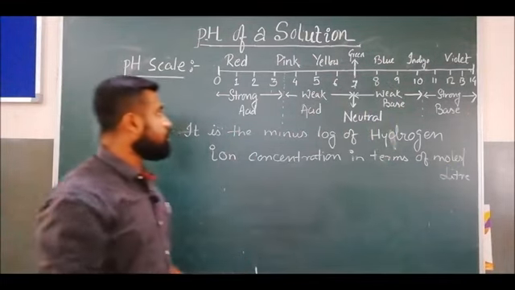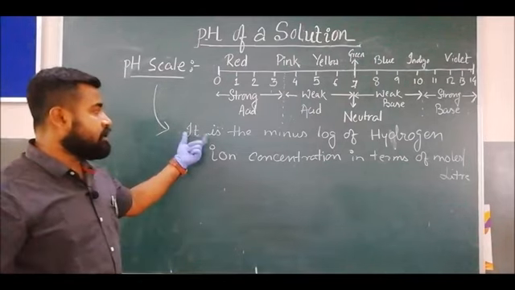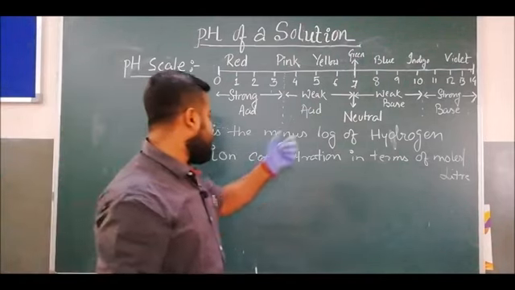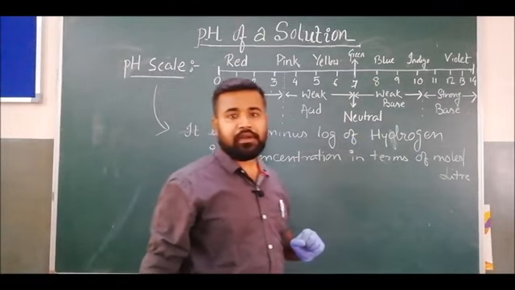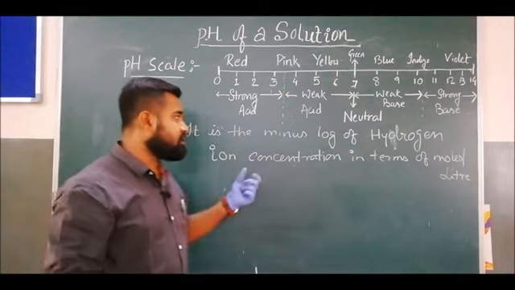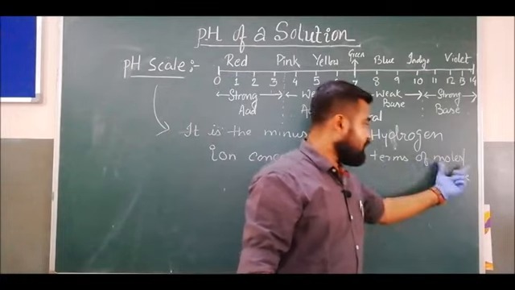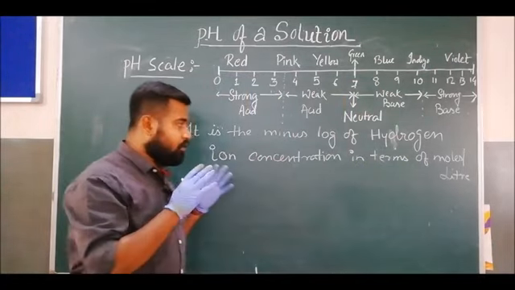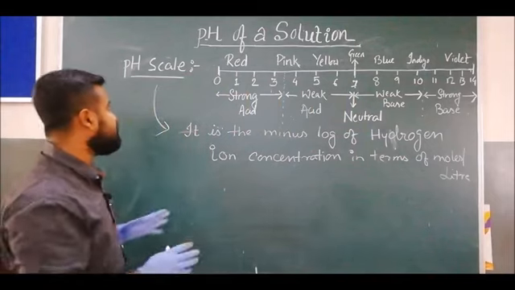So when we talk about the definition of the pH scale, it means it is the minus log of hydrogen ion concentration in terms of moles per liter. Okay, so here you can see so many new terms: log, concentration, moles per liter. These we will explain later on. Previously we will see what pH actually is.